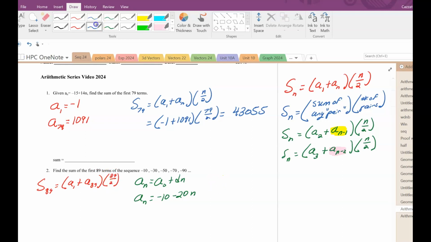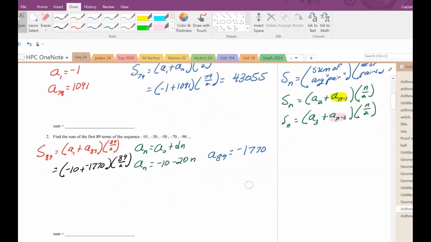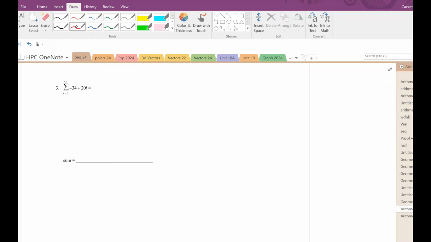I need to find a sub 89. Doing the math here, you'll get negative 1770. So the sum of the first 89 terms will be (negative 10 plus negative 1770) times 89 over 2. And doing the math there, you will get the sum to be negative 79210.